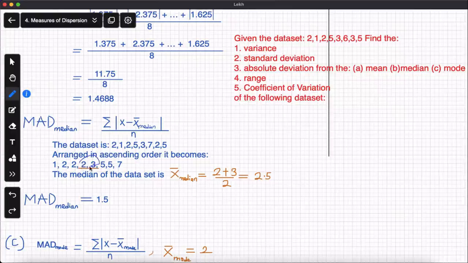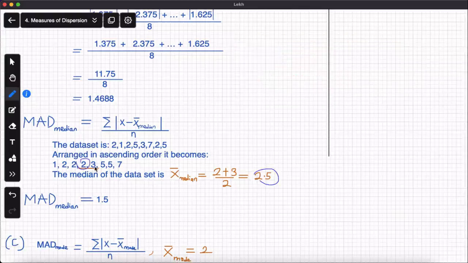We can obtain the median this way: we have 8 observations, so 8 divided by 2 is 4. The 4th and 5th observations added and divided by 2 give us 2.5. This is the 4th observation and this is the 5th, so that's why we add them together and divide by 2, and that gives us 2.5.